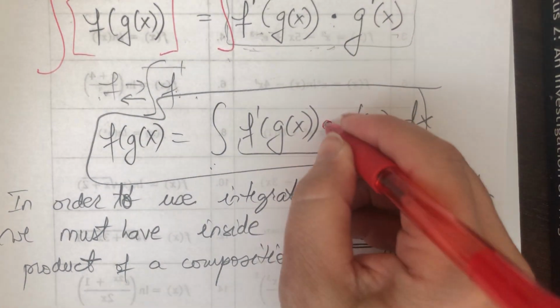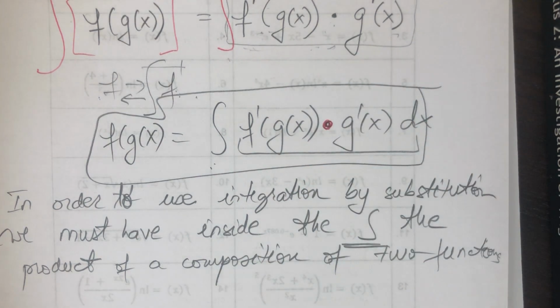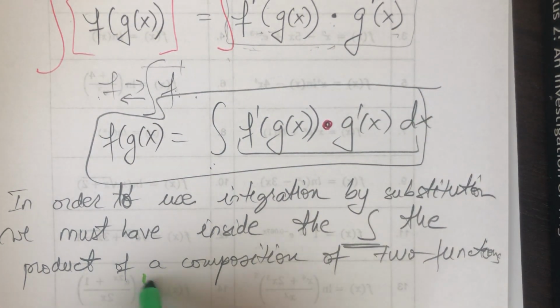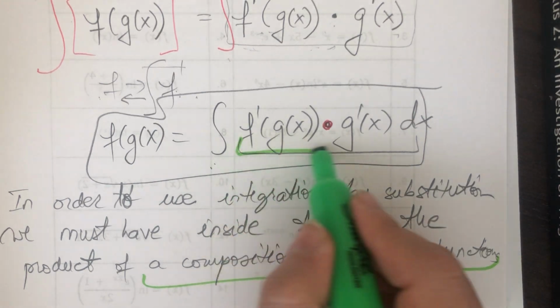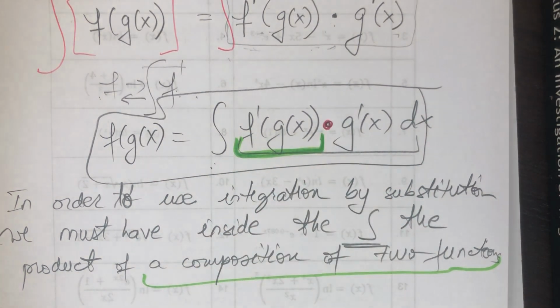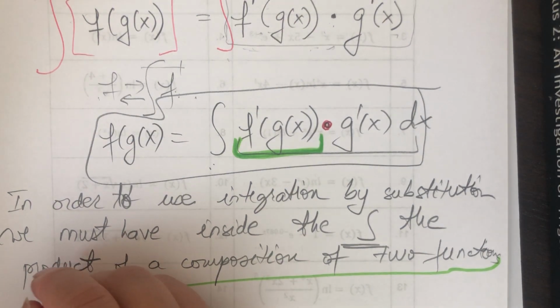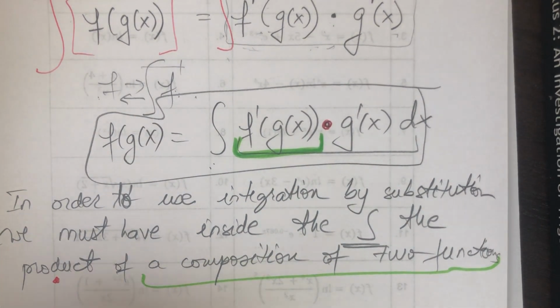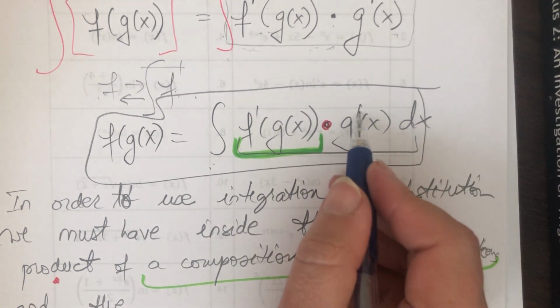You must see the product, yes, of what? The composition of two functions, that's this part here, yes? You must see the product of the composition of two functions, that's that part, and what else? And the derivative, yes, the derivative of who?